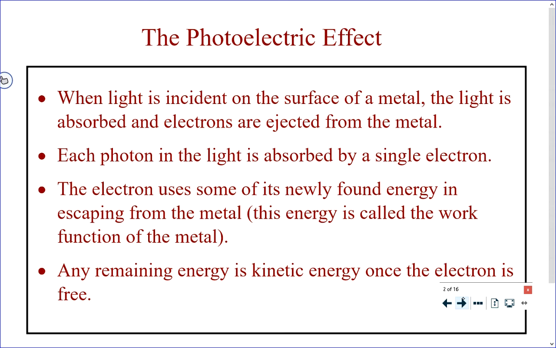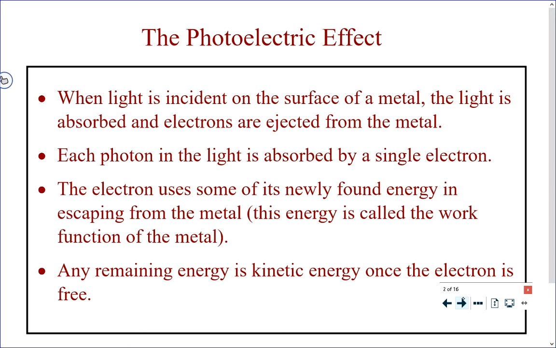And the photoelectric effect is when that light is absorbed and electrons are released from the metal. They come flying out of the surface of the metal with kinetic energy. And as I've mentioned a couple of times, that's the principle on which solar cells operate. Those electrons that come out of the metal because of the energy given to them by the light have kinetic energy. And that kinetic energy is converted into electrical energy to be used to power electrical devices.